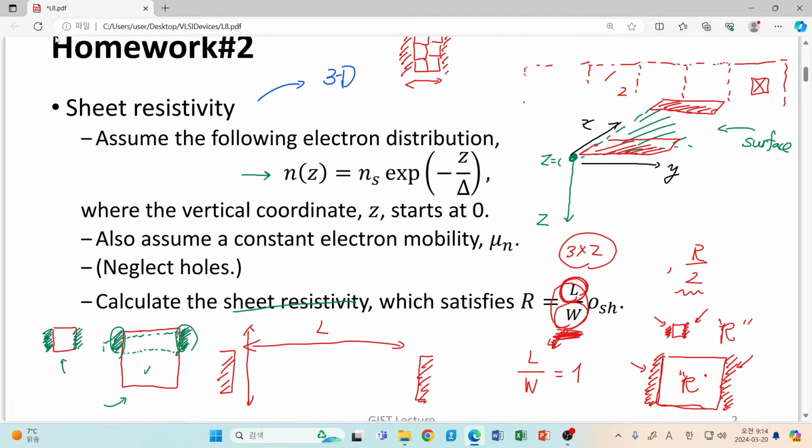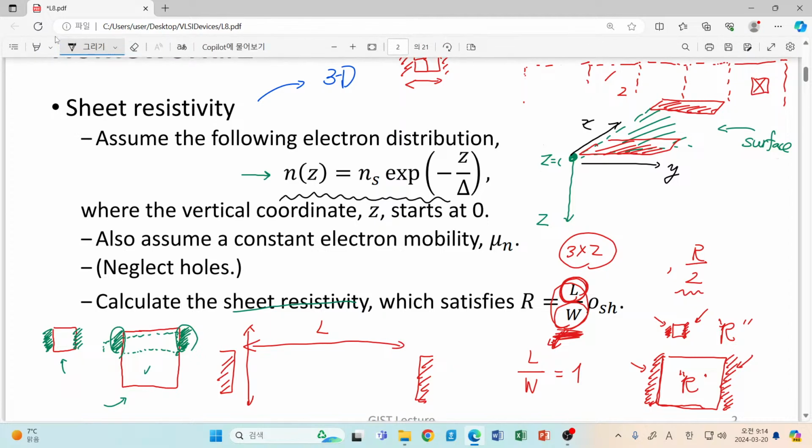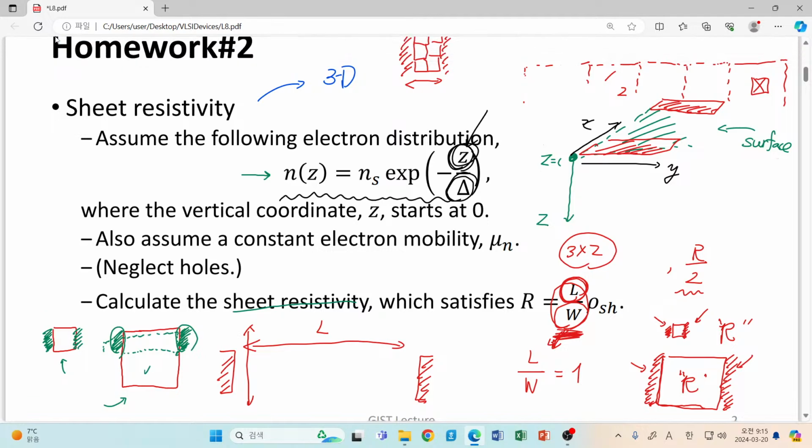So now let's come back to our assumed electron profile. It is exponentially decaying when we go to a deeper position. So when z increases, it is exponentially decaying, and it follows the rate of decay delta. What is delta? That is just a number corresponding to nanometers or micrometers, depending on your doping concentration.